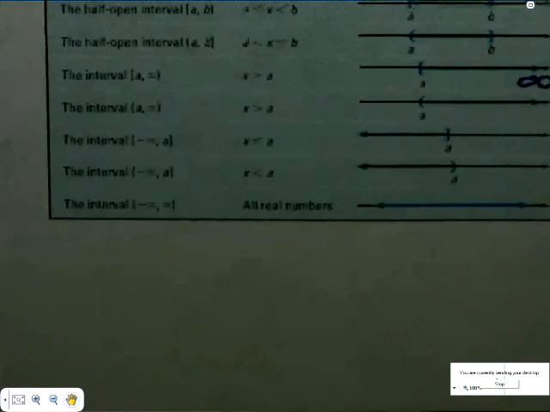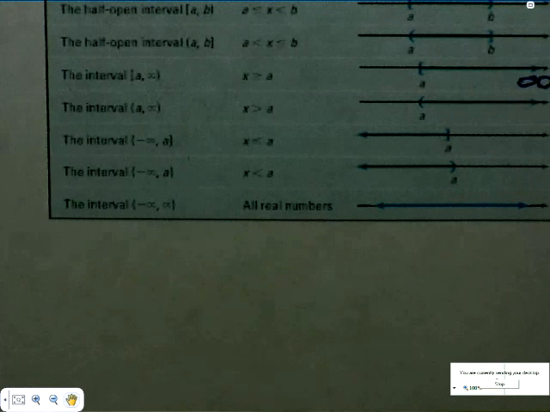Now, something else that may be a little bit different than you did in high school. In high school or 7th and 8th grade, do you remember open dots and closed dots? What did the open dot mean? Just greater than or less than, the endpoint itself was not included. Open dot means not including that endpoint.